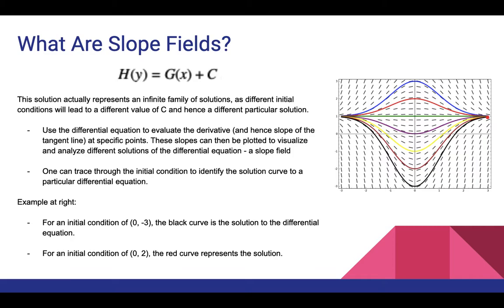So we can see that different initial conditions will lead to different values of c and hence a different particular solution, and hence different types of behaviors. This is why slope fields are so useful for us, because they provide us a qualitative measure of what's happening with our differential equation and our solutions, as opposed to a quantitative measure.